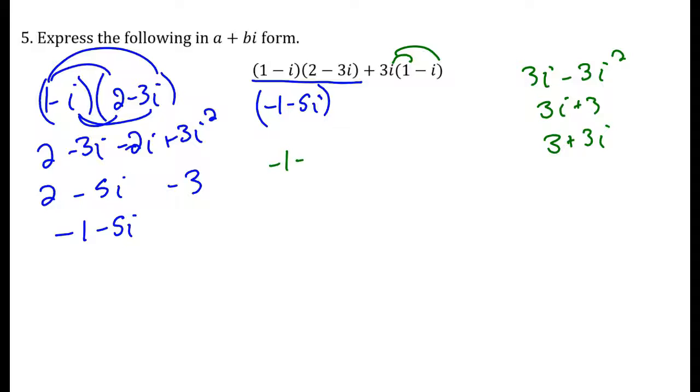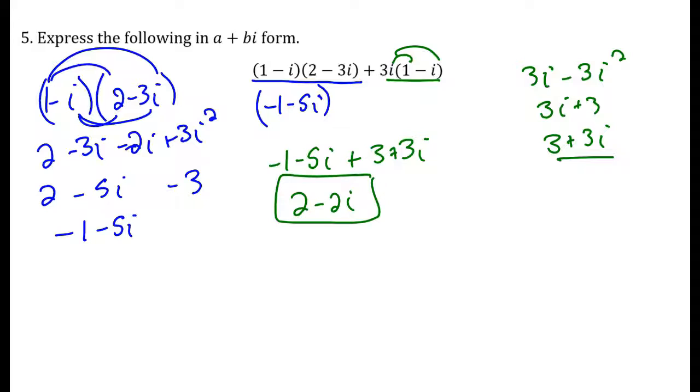So I have -1 minus 5i, plus this quantity, 3 plus 3i. -1 plus 3 is 2, -5 plus 3 is -2i. That quantity is equal to 2 minus 2i.